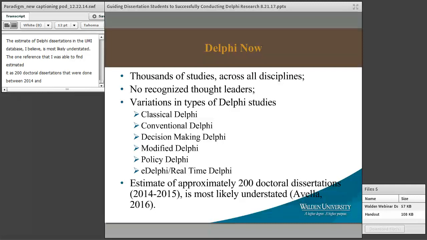Again, the researcher of that study specifically searched, in abstracts only, using the term Delphi design, and did not look for Delphi method, Delphi approach, mixed methods employing Delphi technique, and so on and so forth. But needless to say, Delphi is getting a lot of bandwidth today amongst doctoral students as a viable research technique.